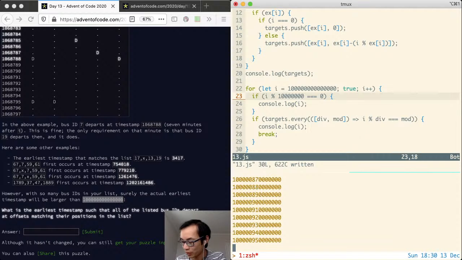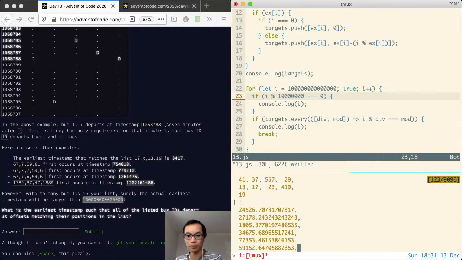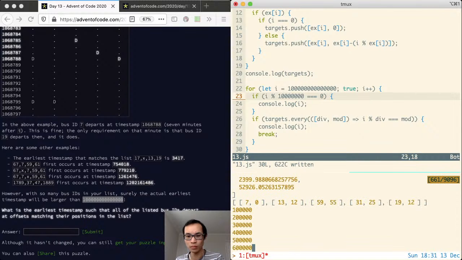So I want a number that is 7a for any value of a, which is also equal to 13b plus 12 for any value b, which is also equal to 59c plus 55.